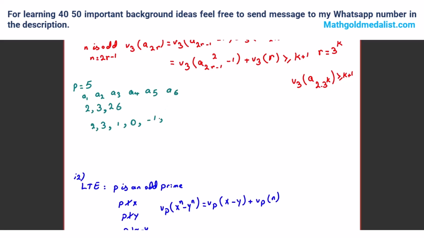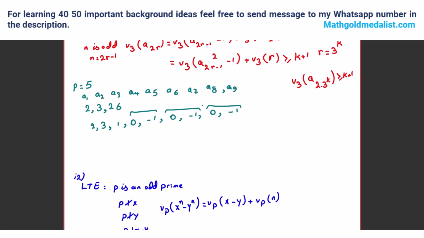A6 is negative 1 to the 6 minus 1, 0. A7 is 0 to the power of 7 minus 1, negative 1. A8 is negative 1 to the power of 8 minus 1, 0. So obviously, when we have negative 1 at an odd index, the next one is at an even index. Negative 1 to the power of even is 1, minus 1 is 0. And again we have 0, negative 1. So from here, we have 2, 3, 1, then from A4 we have 0, negative 1, 0, negative 1, 0, negative 1, and so on.